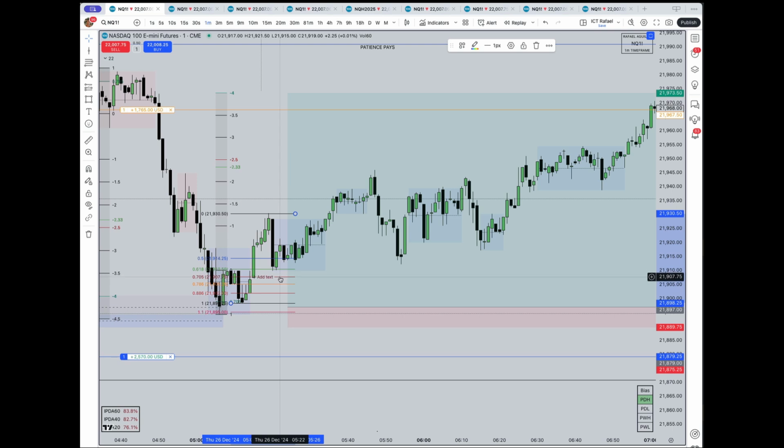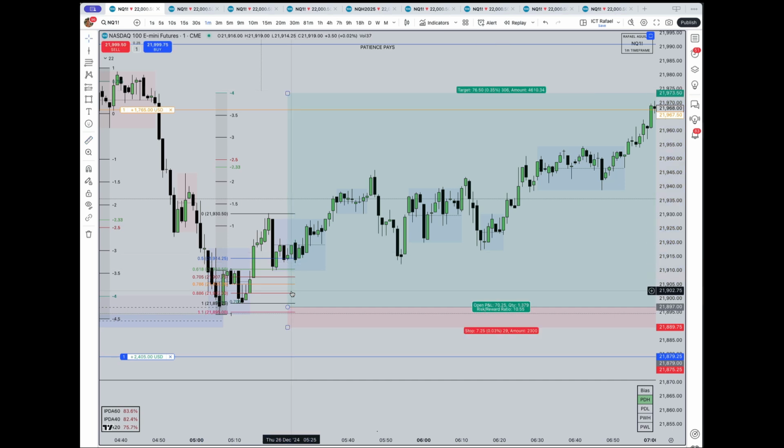I enter with 2 contracts here and 2 here, limit order, market order, and the stop loss in this case would be not bad, 17 points. And because we saw this Fib, you know that you go at least until 39 points. It's 2.1 risk reward. If you go to 64, it's 4.1 risk reward.